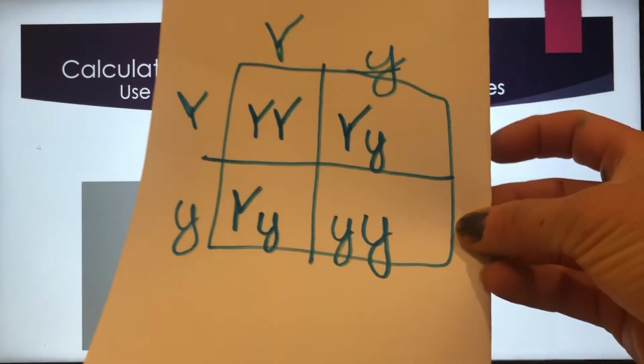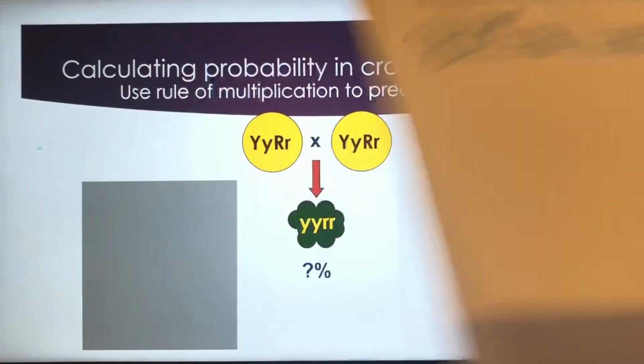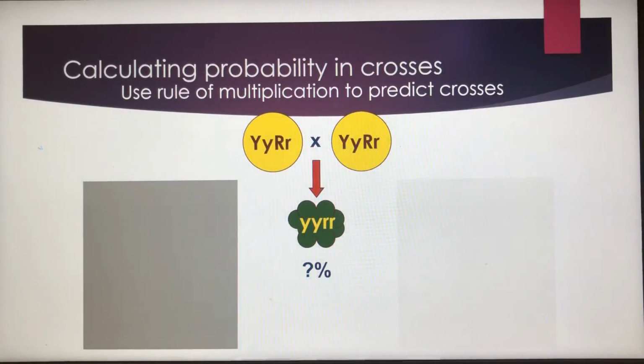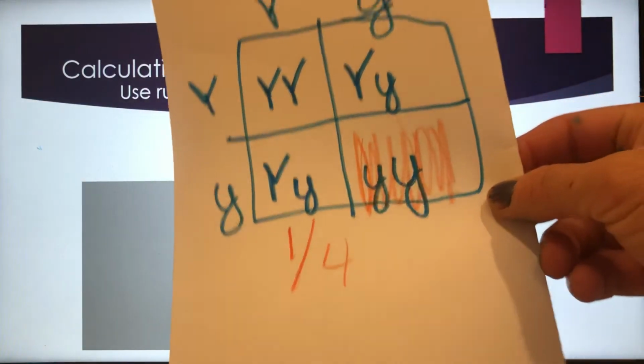And what are the chances of ending up with a little y, little y? Well, if you look here, I'll try to find a way to circle that for you or color that box in. You end up with a 1/4 chance of getting little y, little y.